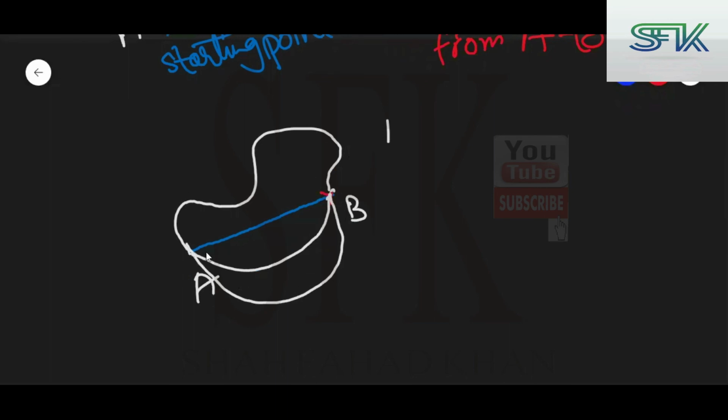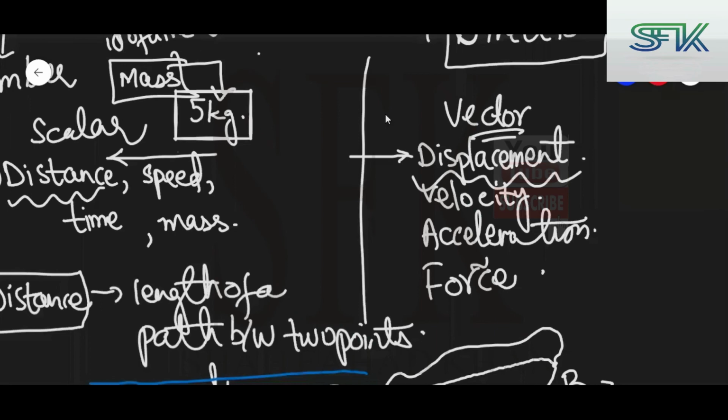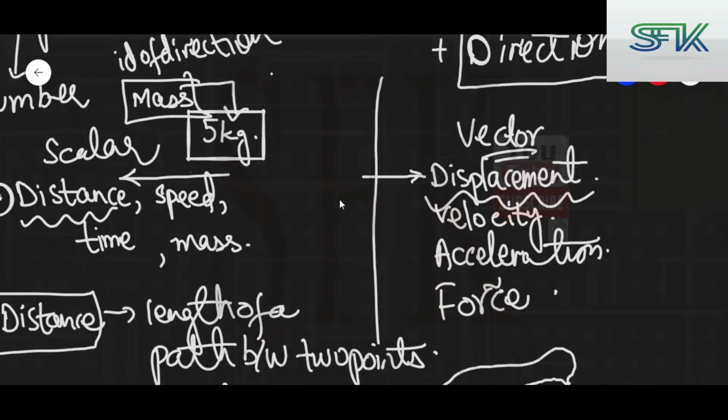It doesn't matter what direction you go. Only the starting and the ending point matters, and the path that you cover between these 2 points. All of these paths can be different values for distance, but displacement is actually the shortest possible distance between these 2 points. Hope this gives you an idea of what scalars and vectors are.